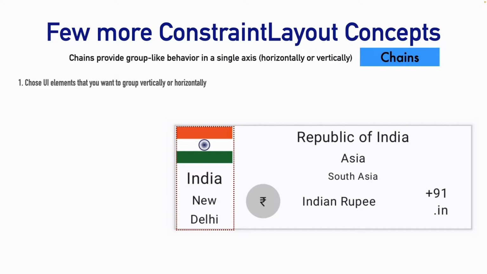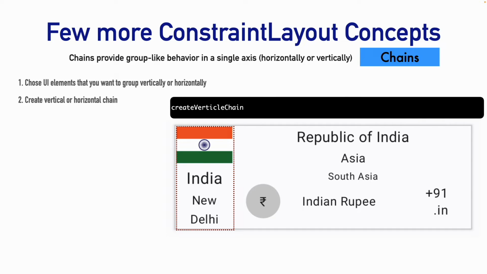So you want to basically create a vertical or a horizontal chain out of grouped elements. To do that, we use the createVerticalChain function, or it could be a createHorizontalChain function. And then you have to pass the UI elements to the chain. So the UI elements here would be flag, common name, capital. Those are the references that we have created for the UI elements that we need to pass.